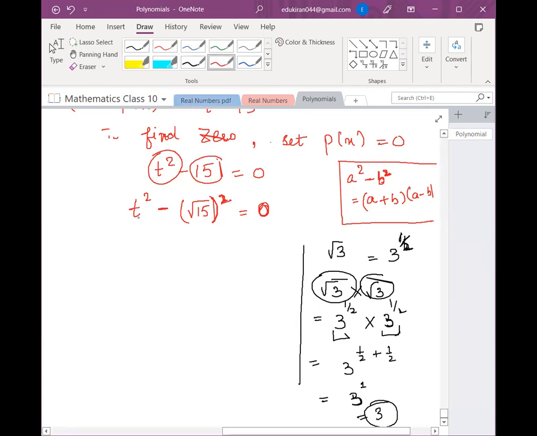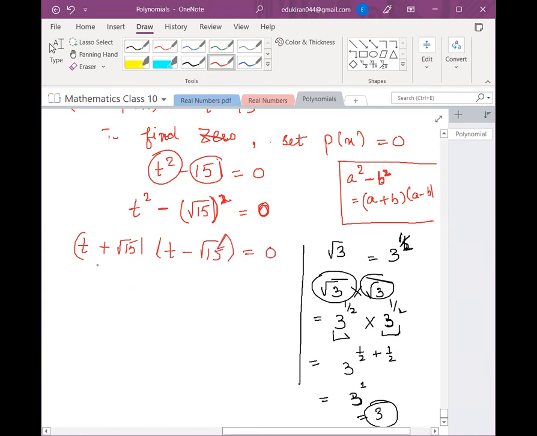So this has become a square minus b square kind of formula, which gives me a plus b into a minus b. So I'll get t plus under root 15 and t minus under root 15, equal to 0.